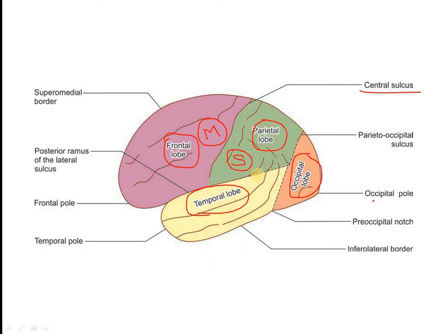So here you can find the central sulcus and lateral sulcus.